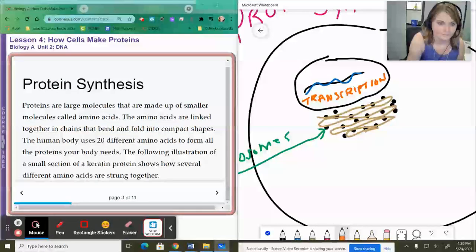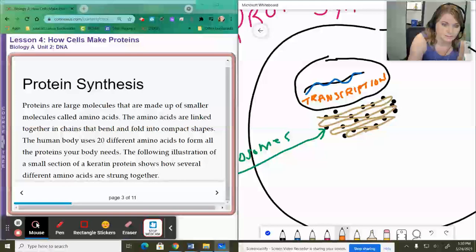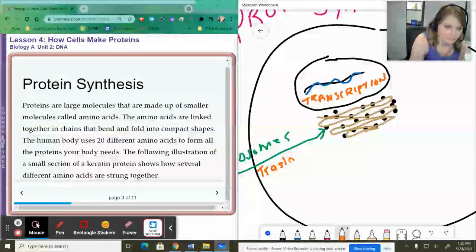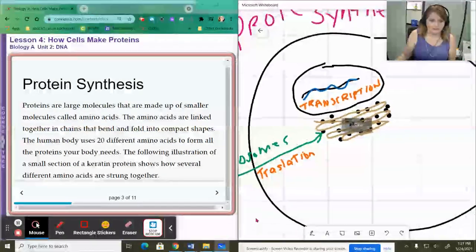Not too bad. And then we have the second process, which is translation. Translation is going to take place on the ribosome. Okay, so we have transcription and translation.